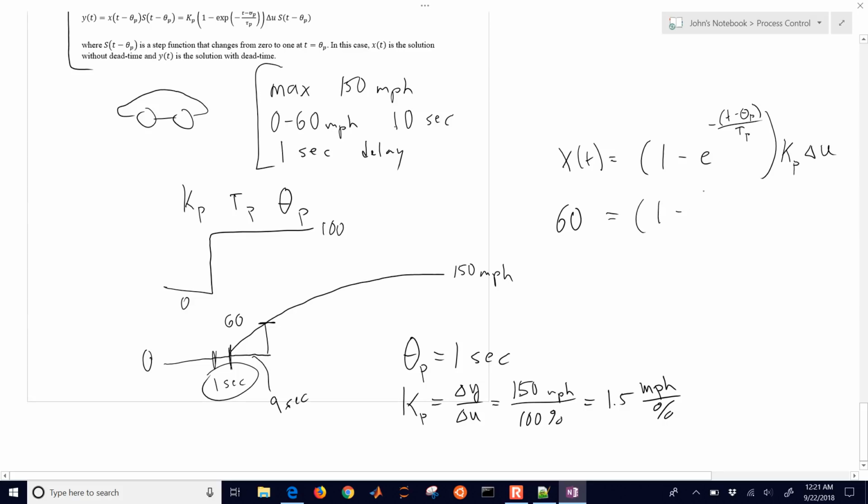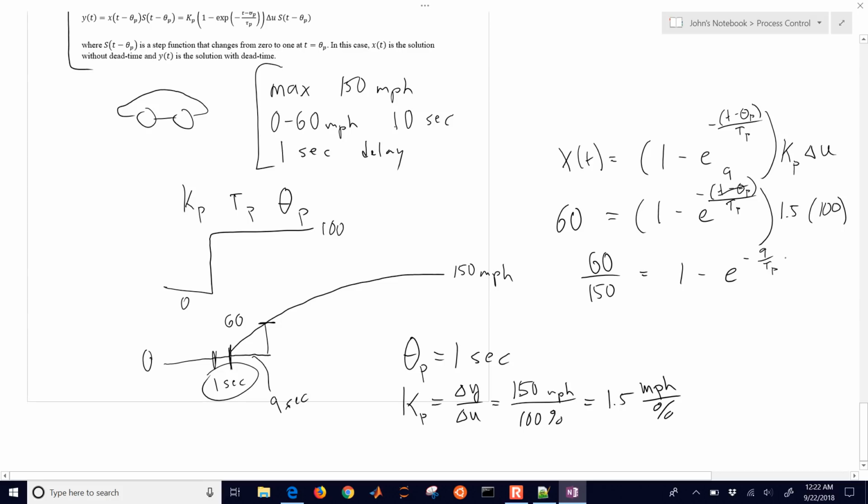We have 1 minus e to the minus, and then t minus theta p is equal to 9, divided by tau p. Our Kp is 1.5, and our delta u is equal to 100. So that's equal to 60 divided by 150, 1 minus e to the minus 9 over tau p. We want to solve for tau p.